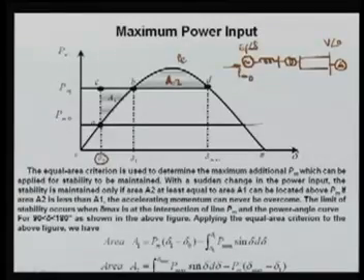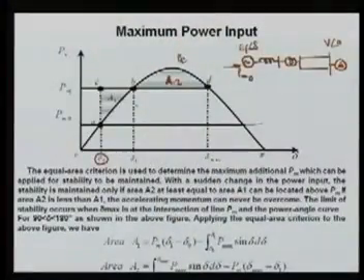So we want the maximum power that we can suddenly inject on the loaded generator, and that can be determined. That means area A1 will be equal to area A2, and then we can determine the PM value.